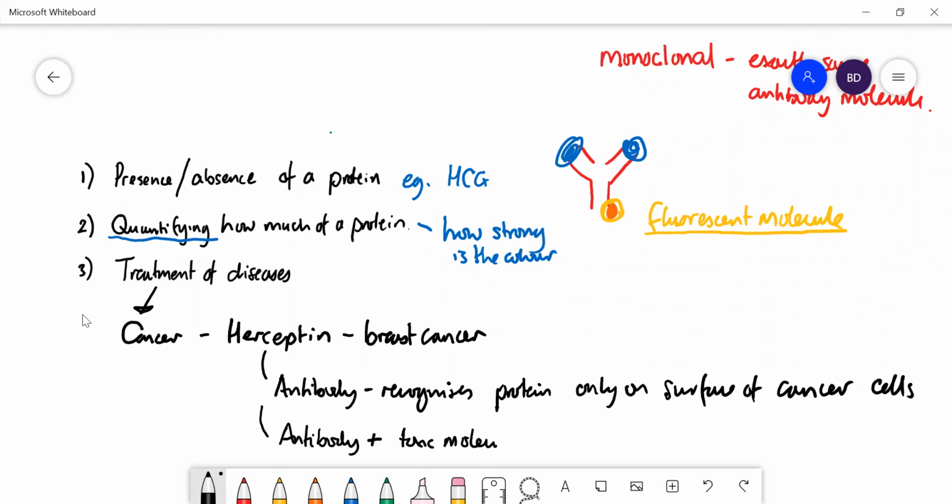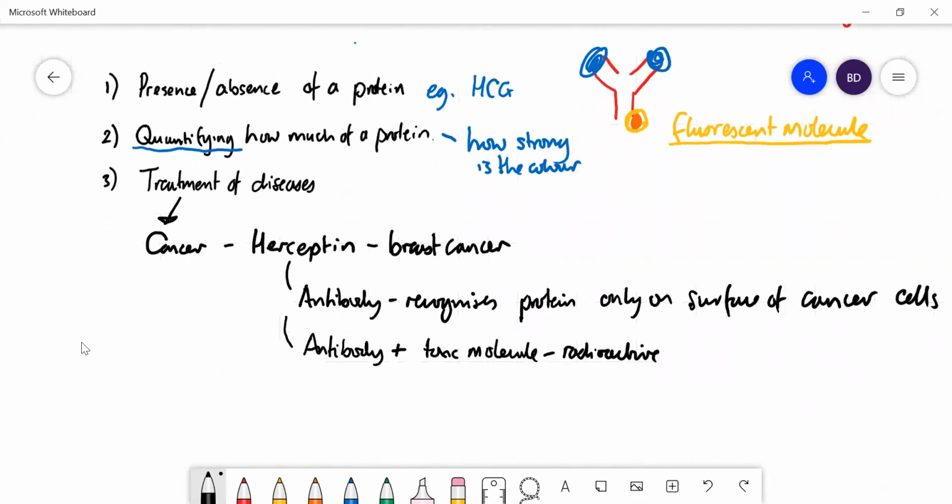So you don't want that toxic molecule going around to all of the cells in the body because it will cause toxic effects on them, cause side effects. It will only deliver them to the cells which are actually the ones you want to kill, the cancer cells. Sometimes instead of a toxic molecule, they use something which is radioactive. And again, the radioactivity is too dilute in the rest of the body to cause many problems, but it will concentrate where the cancer cells are and kill them.